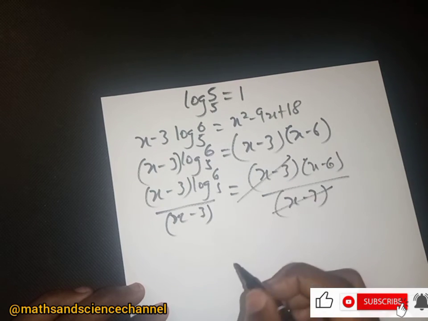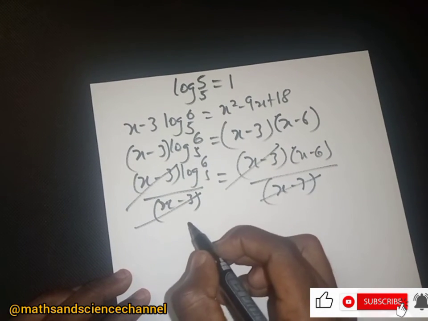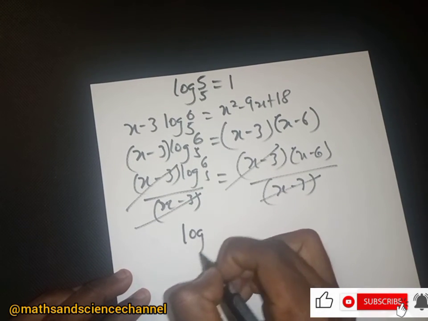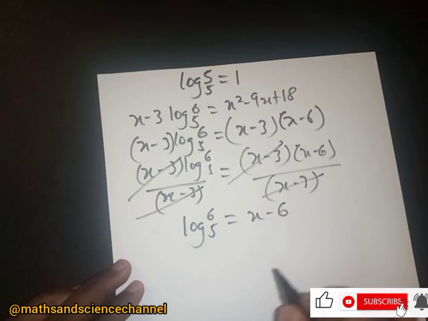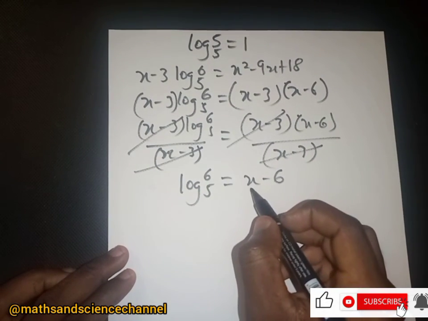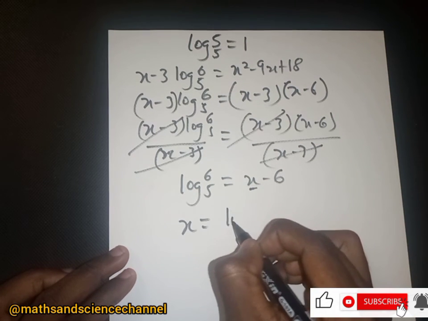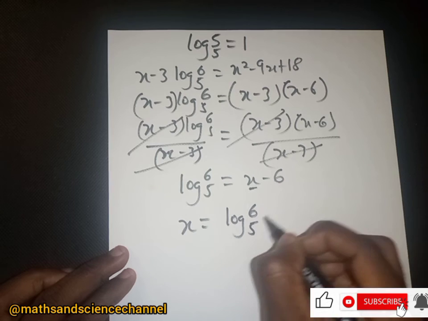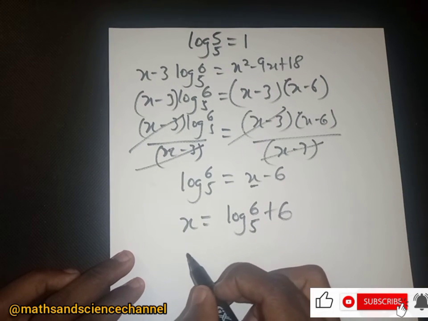This gets rid of that, and this also gets rid of that. Now what are we left with? We are left with the log of 6 base 5 being equal to x minus 6, right? Since we are looking for x, x will be equal to this log of 6 base 5 plus 6, and basically this would be the x.